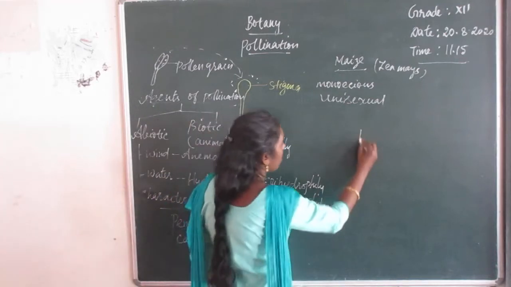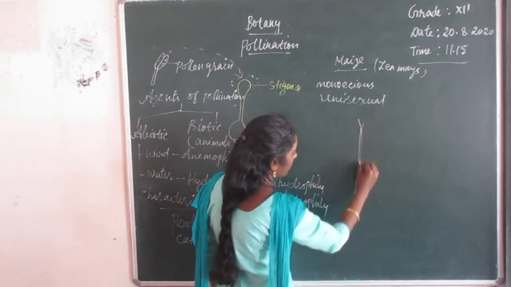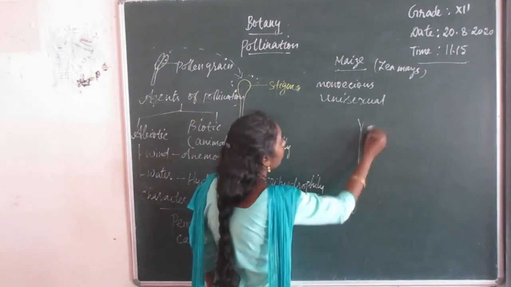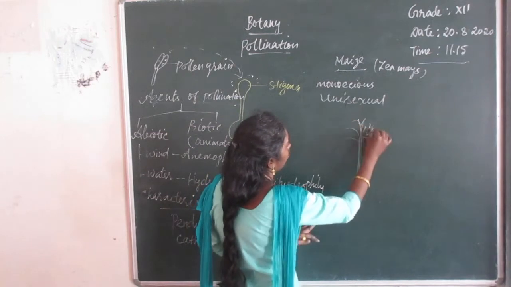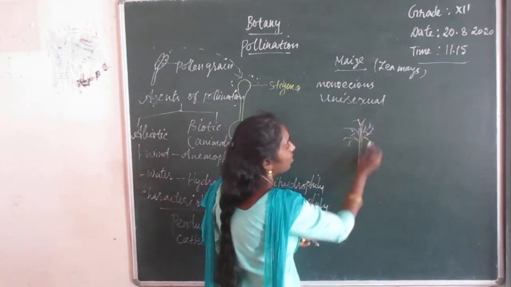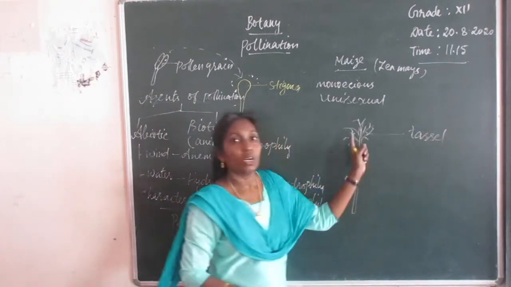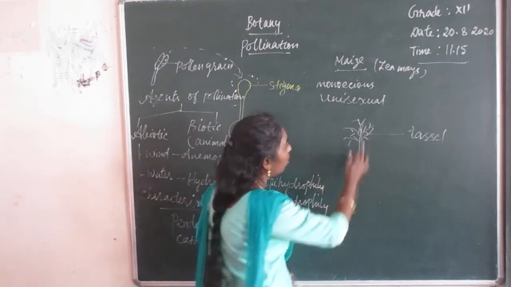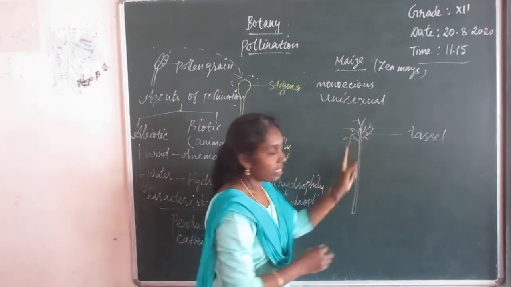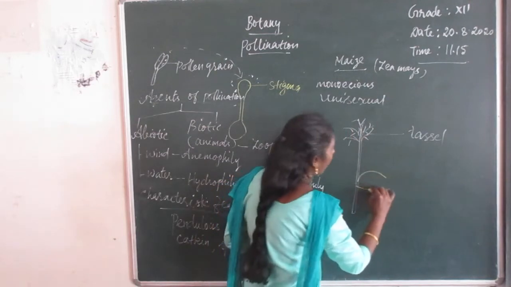In this maize flower, the terminal region of the inflorescence axis produces the male flower, which is named the tassel. Terminally, the male flower is produced at the end of the axis, and the female flower is produced laterally.